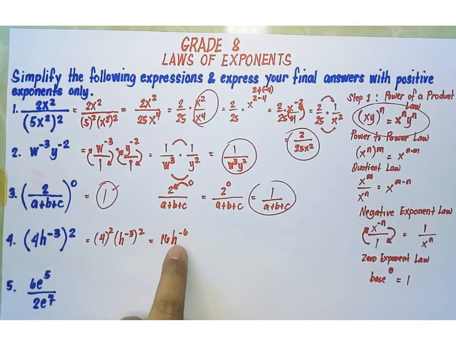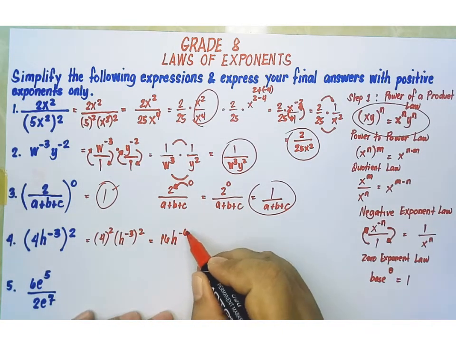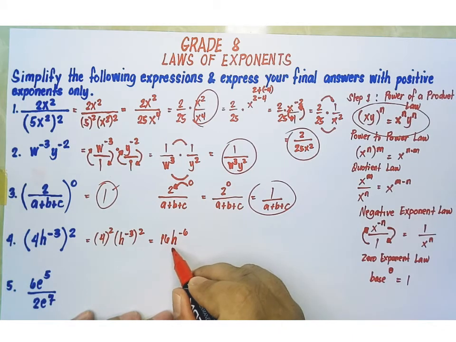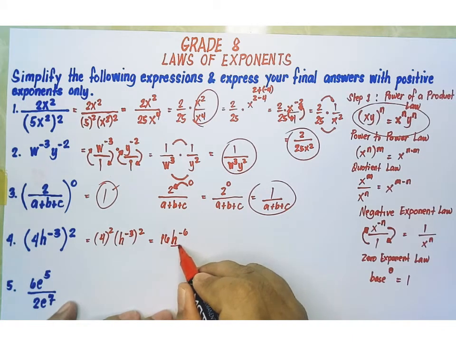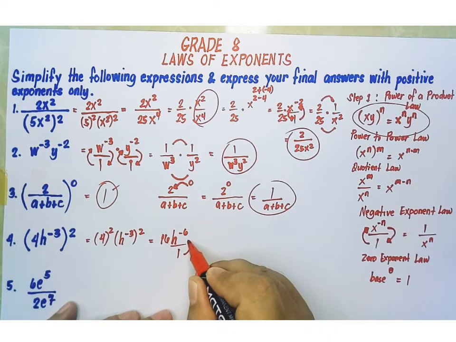We have a negative exponent. Express your final answer in terms of positive exponents only. So, we change position. Yung h raised to negative 6 mo is like h raised to negative 6 over 1. So, you flip.